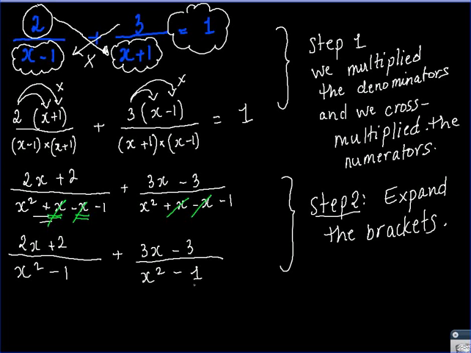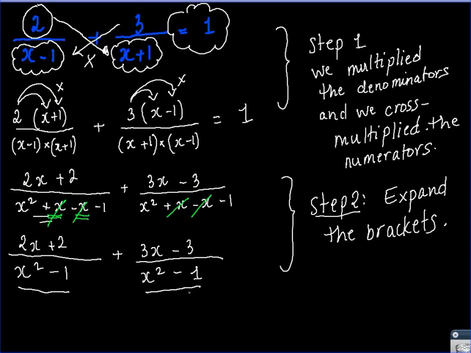Now let me explain to you why I've done step 1 and step 2. If you remember, when you're dealing with fractions, in order to add the numerators, you have to have the same denominators. By taking step 1 and step 2, I've ended up with two fractions with the same denominators: x squared minus 1 and x squared minus 1. Once you've achieved that, you can add the numerators together and simplify the like terms.